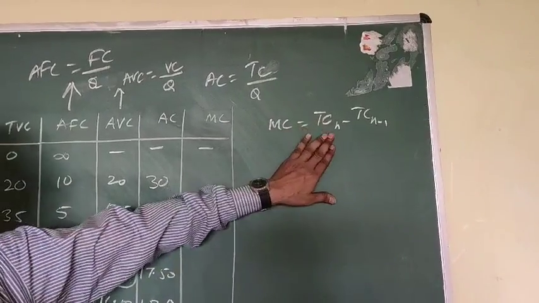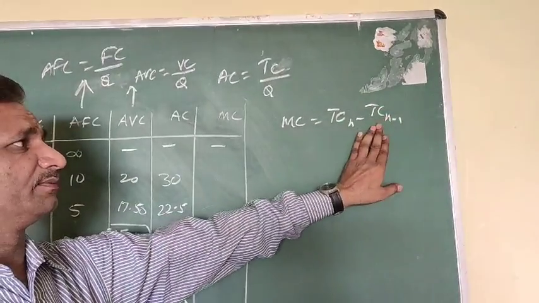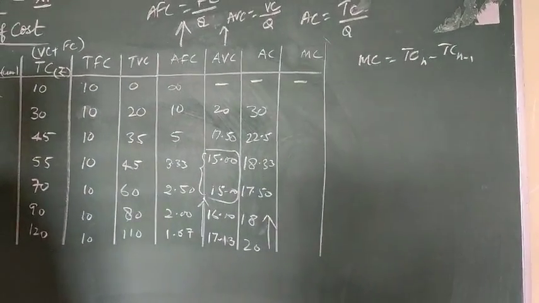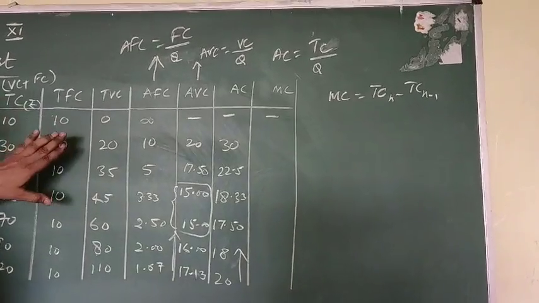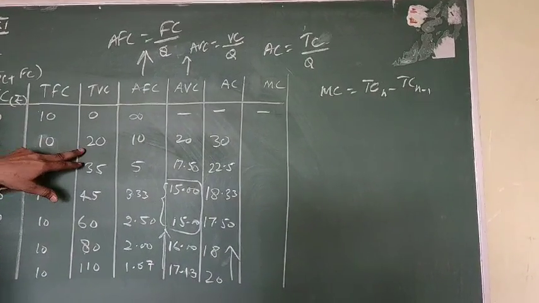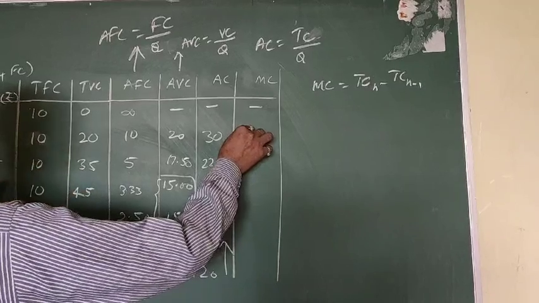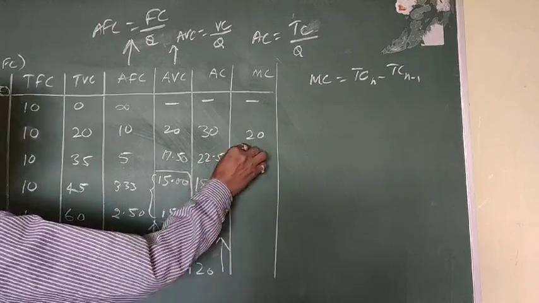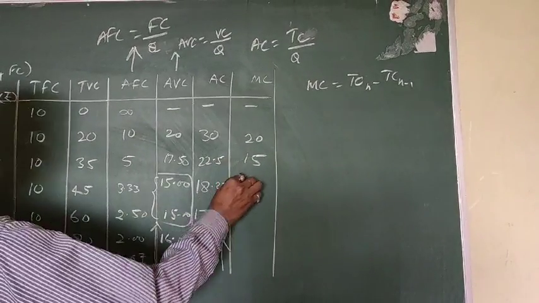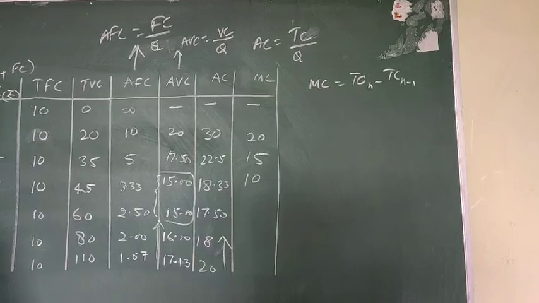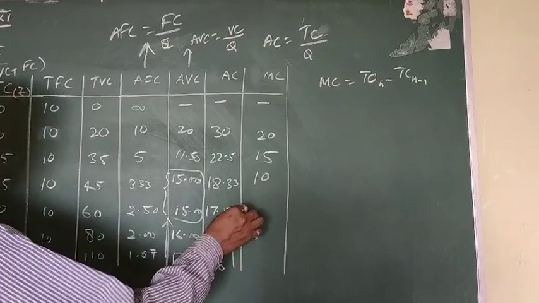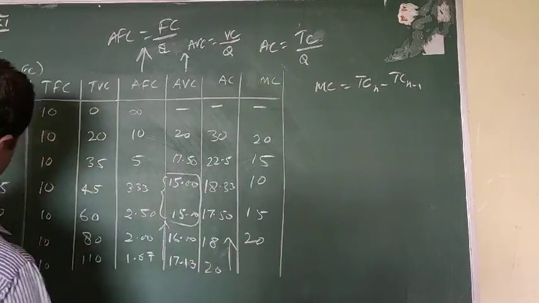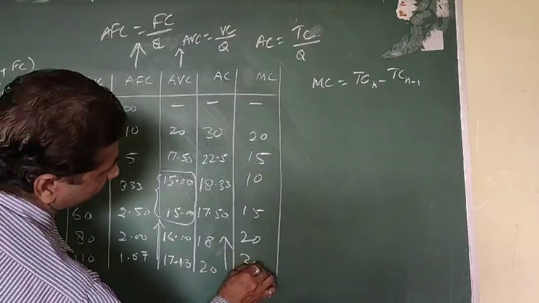It means total cost of n units minus total cost of n minus 1 units. Here for the first unit, 30 minus 10 is 20. 45 minus 30 is 15. 55 minus 45 is 10. 70 minus 55 is 15. 90 minus 70 is 20, and 120 minus 90 is 30.